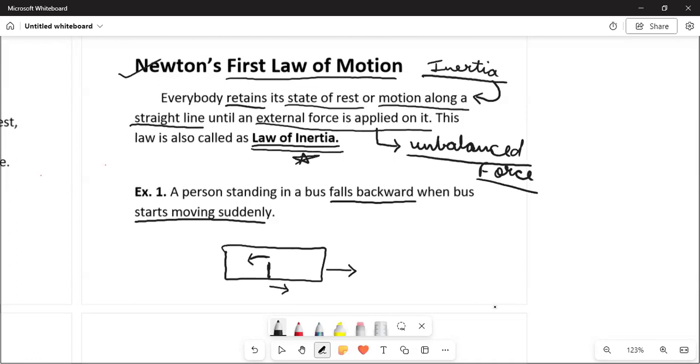Because of which we experience a motion which is pushing us in the direction opposite to the motion of the bus. And we also experience that whenever we stand in a moving bus and the bus moves suddenly, we fall backwards.